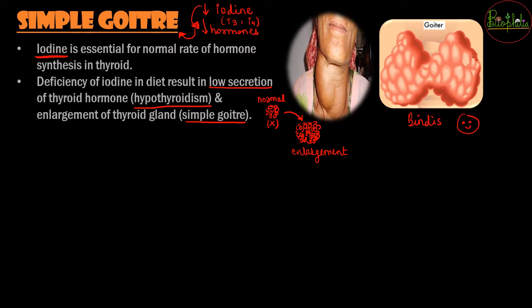So the stickers of the bindis that they used to apply, behind the stickers there used to be iodine loaded, and this iodine used to get absorbed through that sticker glue.